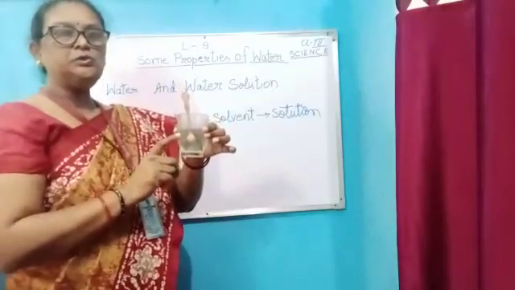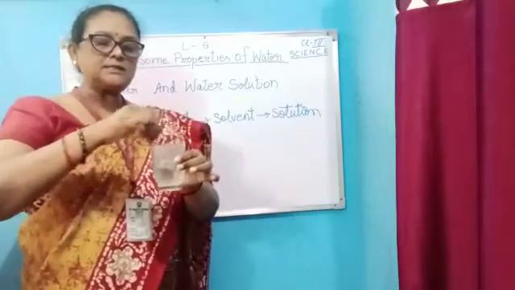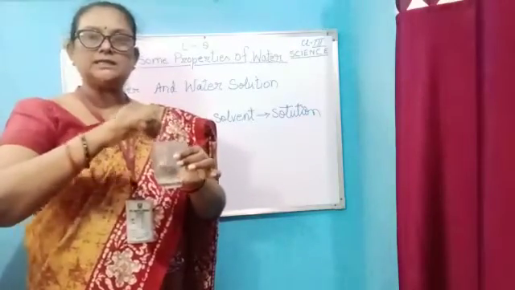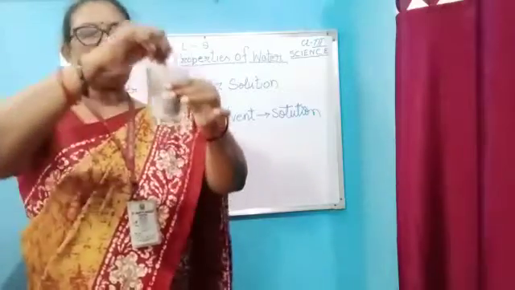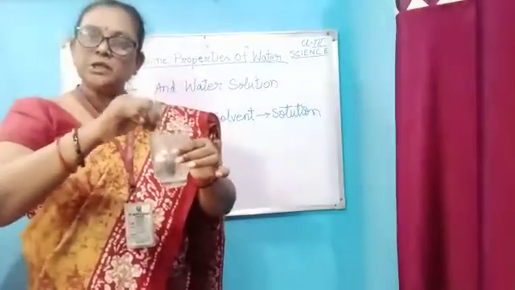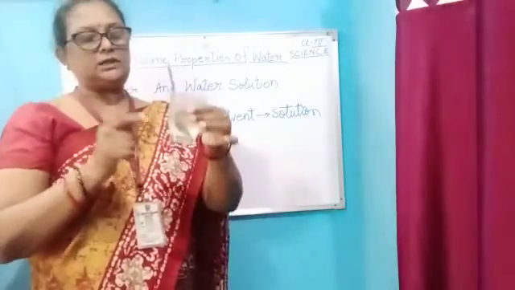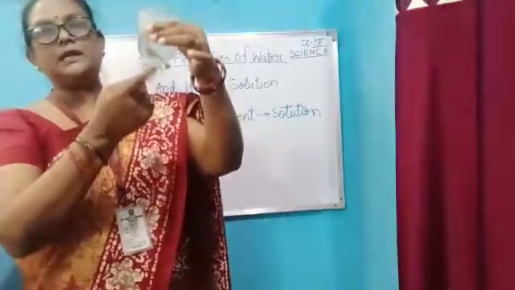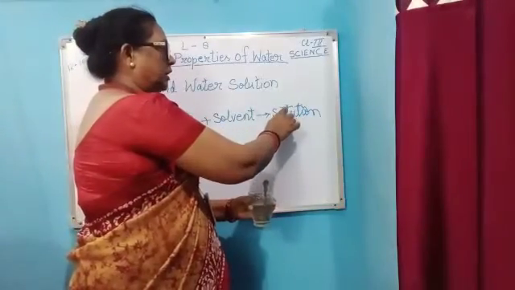Sugar is solute and water is solvent. And when I stir with the spoon, the sugar will dissolve in water, the water will become sweet. And when the sugar is dissolved, the water changes into solution.